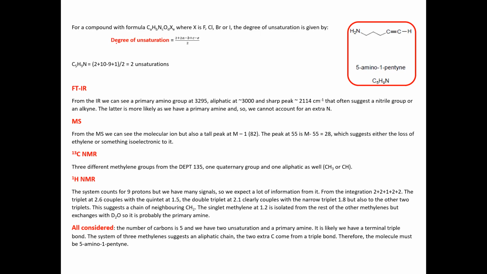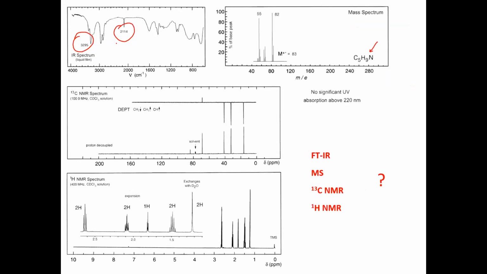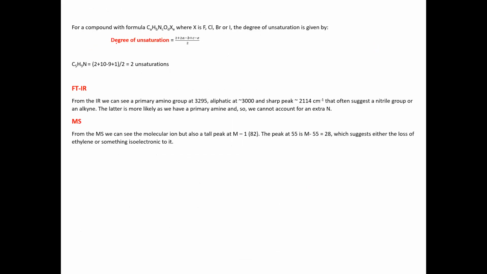In this case, this is one of the cases in which the mass spec immediately, apart from the molecular ion -1, doesn't tell you much. So once you use the other techniques to understand what the molecule is, you go back and you try to work it out. Once you establish it, then you go back and say, yeah, actually, M-55 works out as 28. 28 is the loss of an ethyl group.